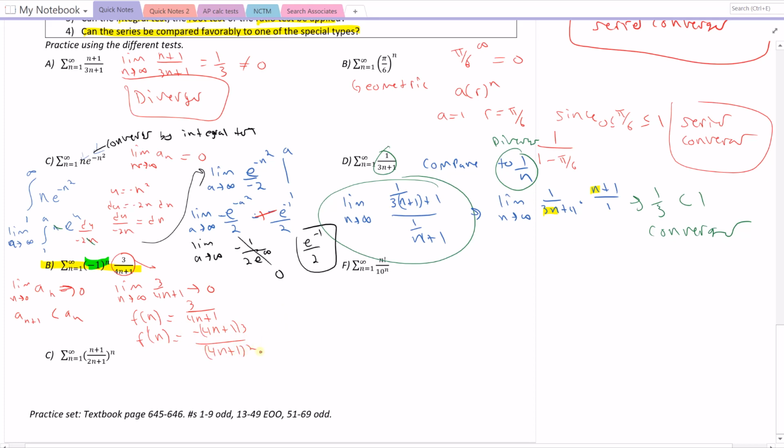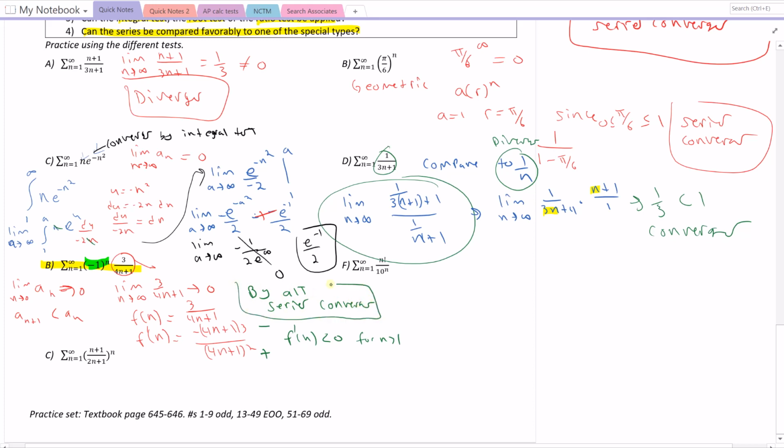The denominator is always positive, and the numerator for n greater than 1 is always negative, so f prime of n is less than 0 for n greater than 1. That means it passes the alternating series test. So by the alternating series test, it converges.